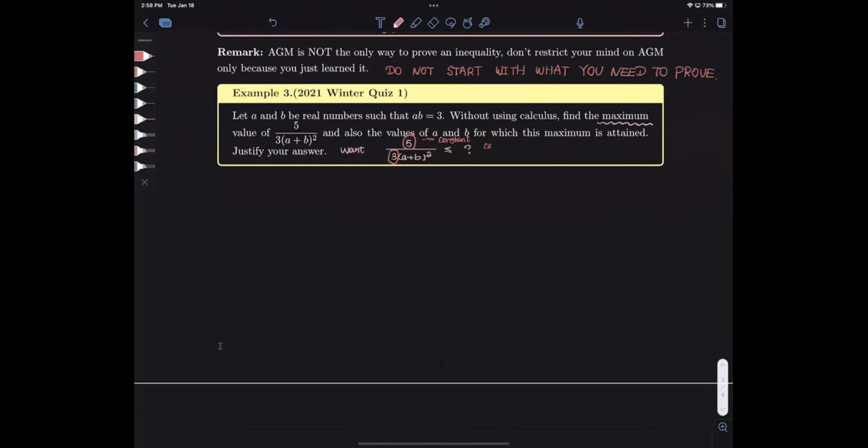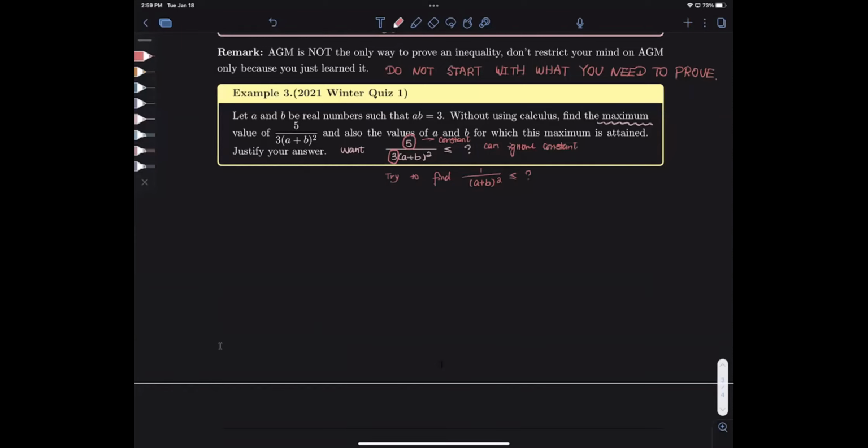So what you're actually trying to do is find 1 over a plus b squared is less than or equal to something. Okay, does this make sense to you? Our thinking process? Is this clear? We're not doing the proof yet. This is just how I think.